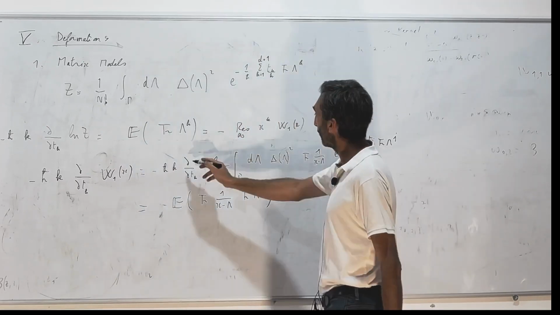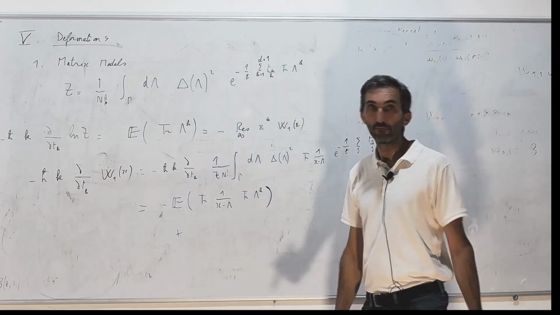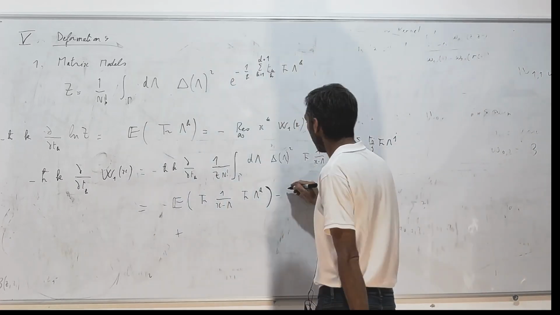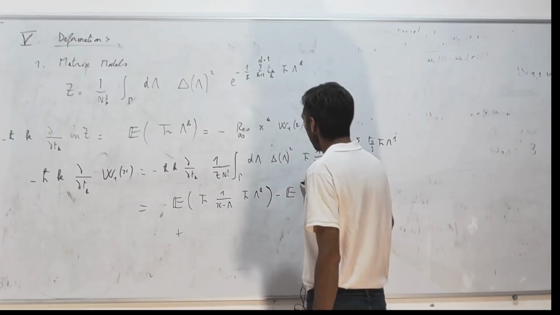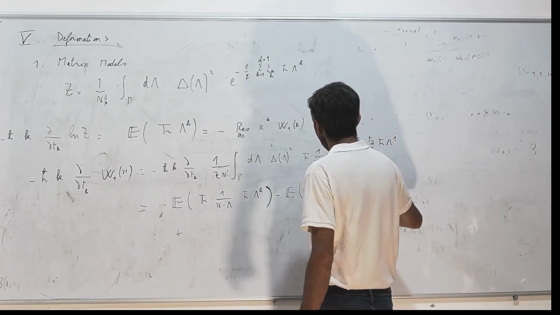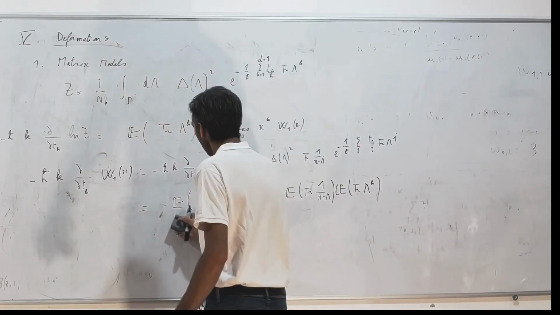And then there is the other term, where you act on z. I'll let you do the computation, but it will give a minus expectation value of trace of 1 over x minus lambda times expectation value of trace of lambda k. So basically it will be our cumulant.